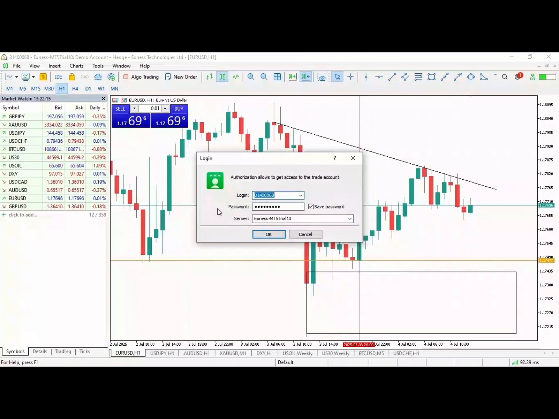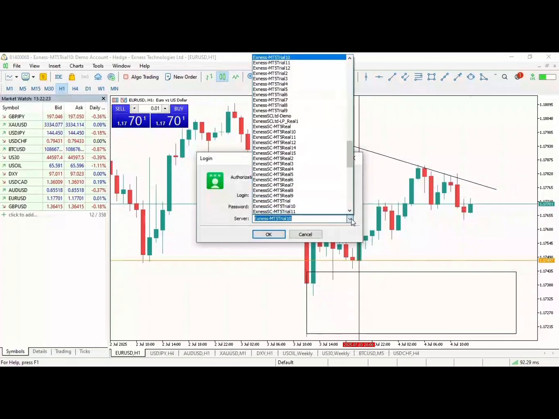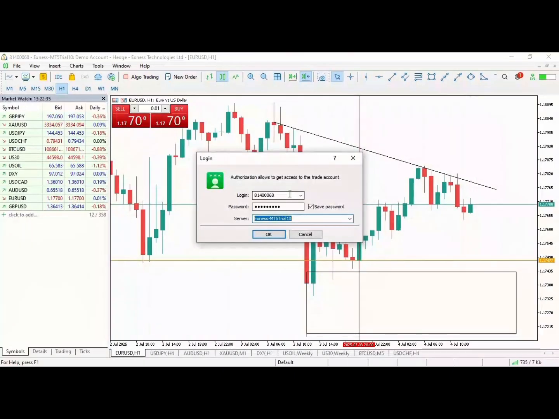So when you come to your trading platform, your MetaTrader 5, you will come knowing the server, because there are so many. So Exness will give you one of these. I don't know which. Okay, you put it here. You put in your login. That number will be given to you when you create the account, then your password, and then when you hit OK, it will just connect.